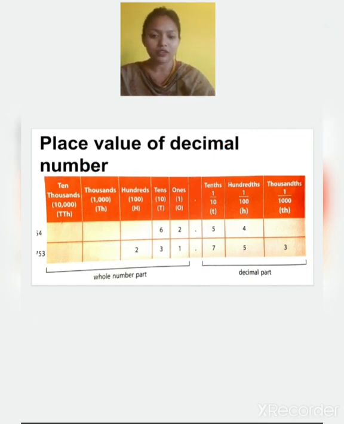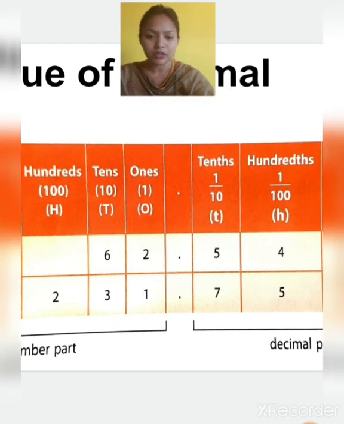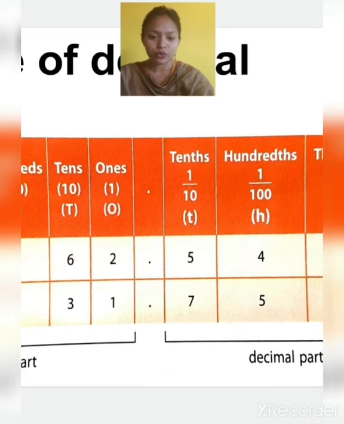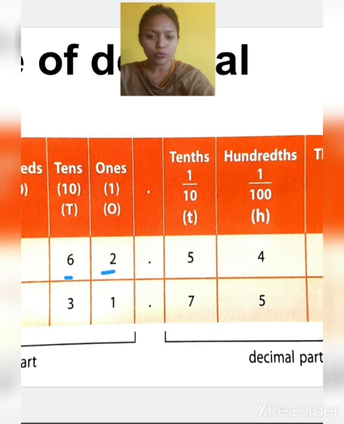So if I have the number 62.54, I'll zoom it first. In this number we can say 5 is on the tenth position, and 4 is on the hundredth position.